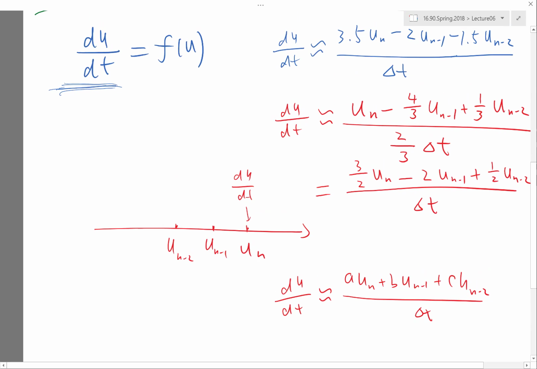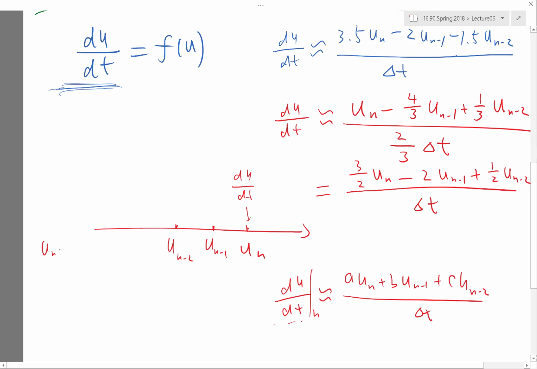Okay, and then what's the next step? Taylor series expansion, right? And where do you expand it? Un. Why? Because that's where you care what du dt is. If you expand it anywhere, the derivatives at that point are going to come out. Here you want the derivative at un, so it's a good idea to expand over here.